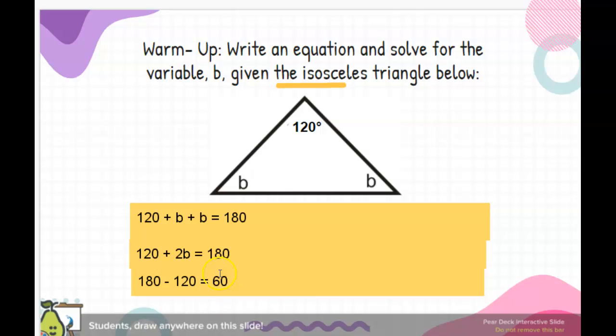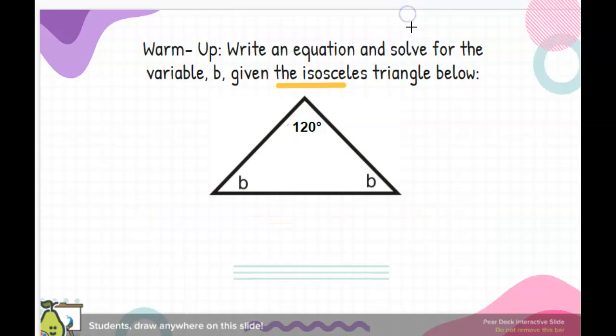Now the 60 degrees is going to have to be split between the two b's, so we would take this 60 degrees and divide it by 2 to equal 30. And when I look at this, I ask myself, does that actually work? Well, yes, because if I add 30 plus 30, I get 60, and 60 plus 120 gets me 180. So I'm okay on that one.